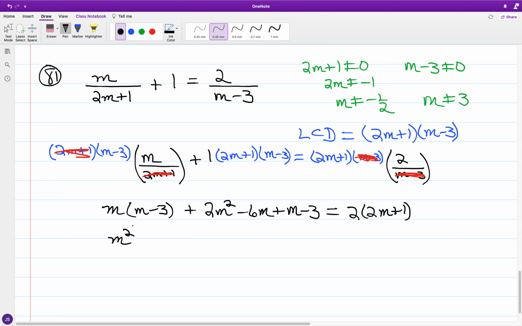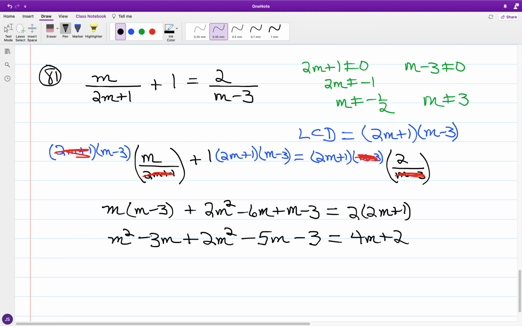And so upon distributing, we have m squared minus 3m plus 2m squared, and we have negative 6m plus m, so a negative 5m, minus 3, and we have that equal to 4m plus 2.